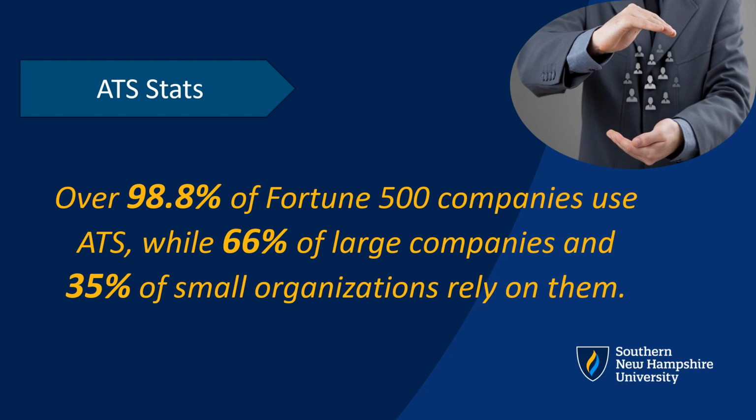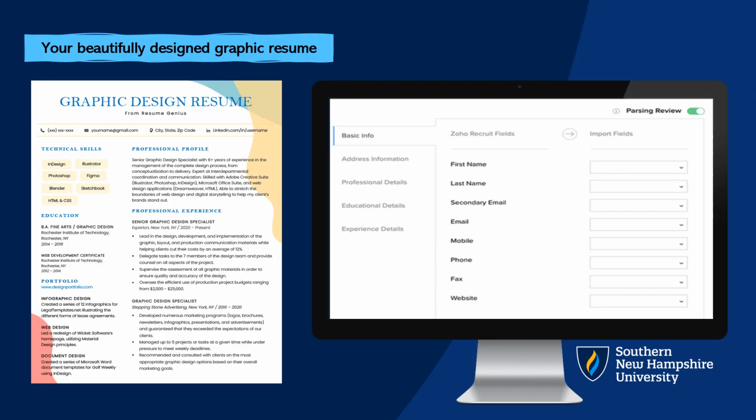To gain a comprehensive understanding of how this scenario can unfold with an ATS, let's explore what may transpire on the recruiter's end when you submit your visually appealing graphic resume. Let's take a look at the resume to the left, where you have a beautifully designed graphic resume. Everything on the resume is easy to read, nicely organized, and presented well.